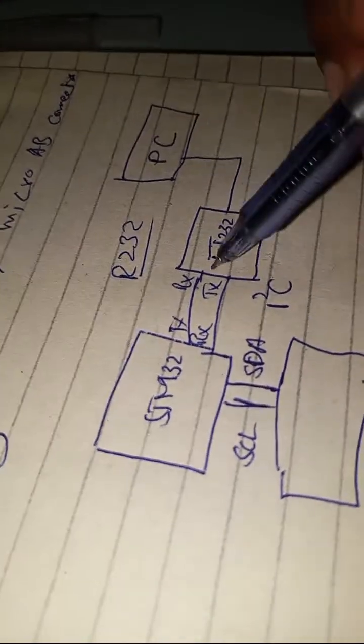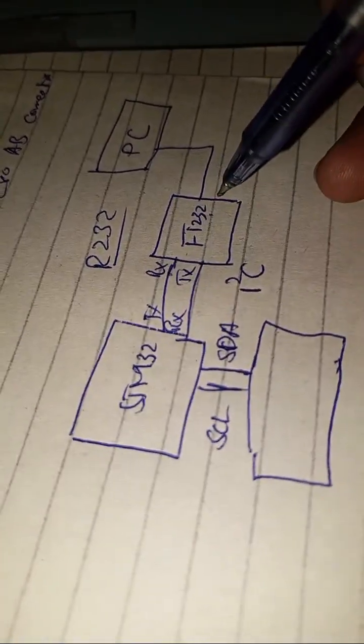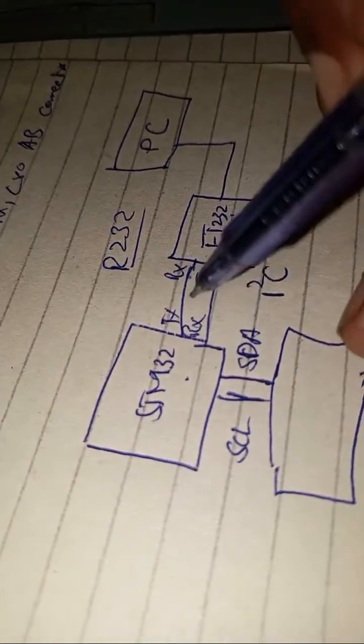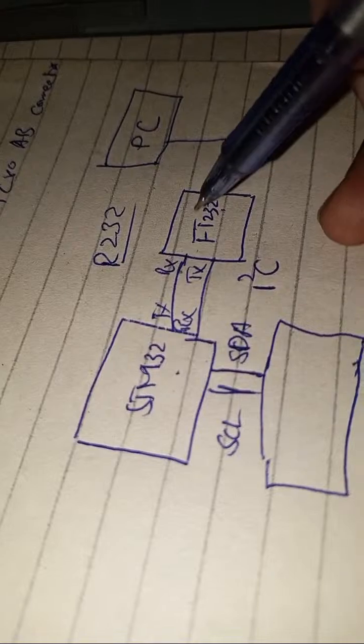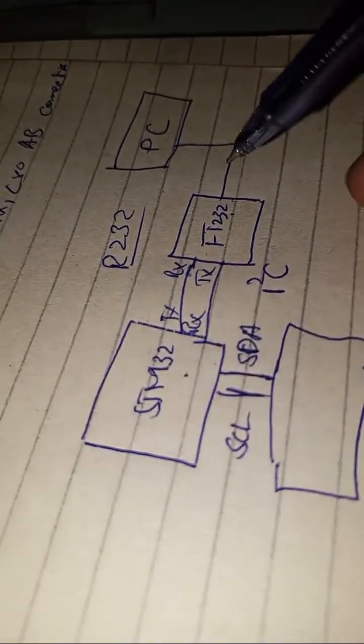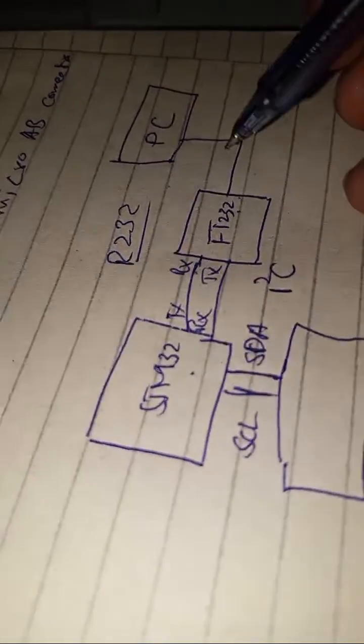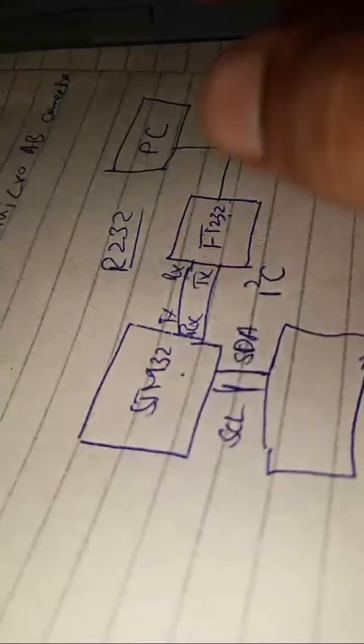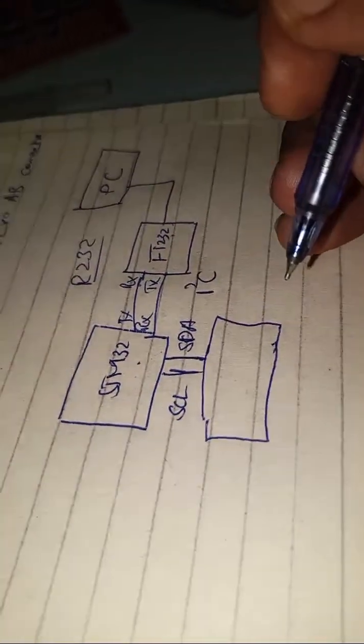We need a TTL to USB converter, which converts this microcontroller's voltage level to the USB protocol, which could be added to the PC. So that's how we could make this.